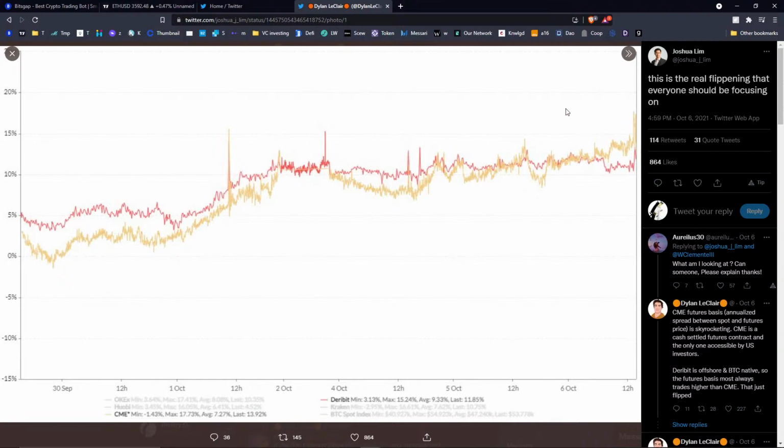So it seems like the market knows something, and that's why in the US we have this premium now above the derivatives, which kind of tells us that there is, I would say, insider trading or something. So something with the ETF might happen. The positive thing might happen in the next coming weeks.